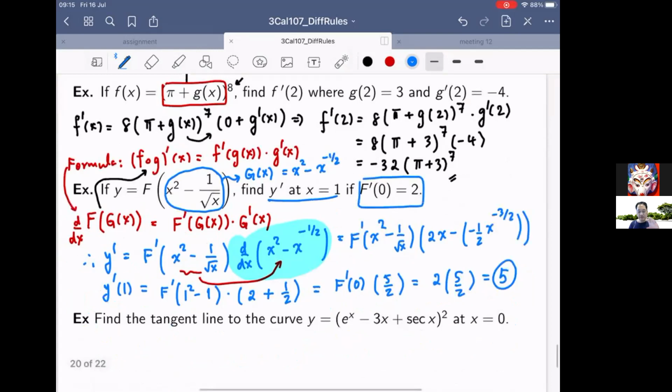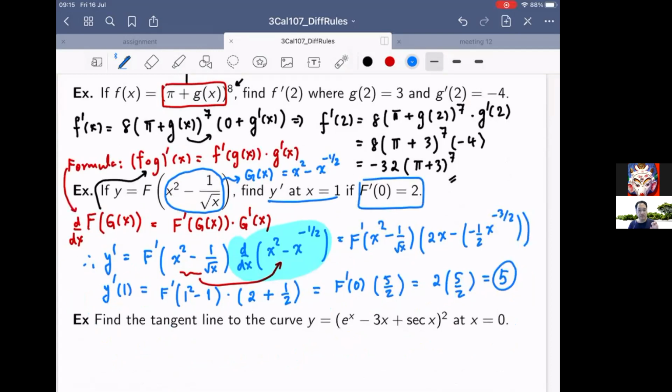Are we okay? So you really need to look at it carefully: which one is the outside, which one is the inside, and what kind of formula we are going to apply.